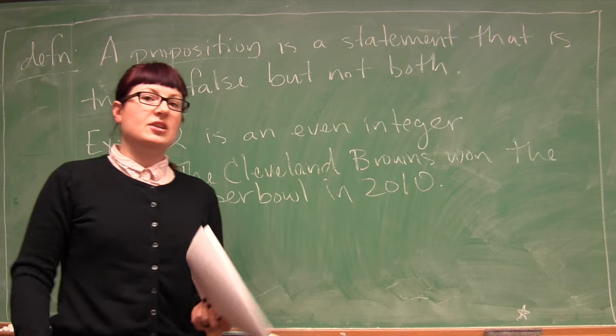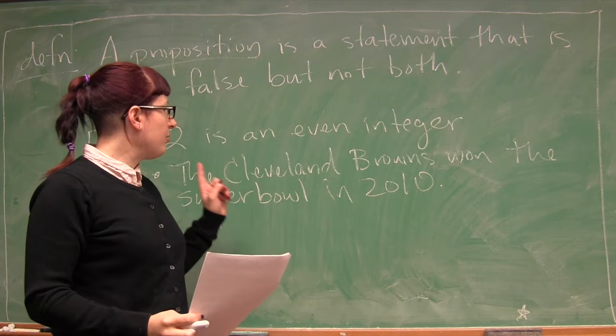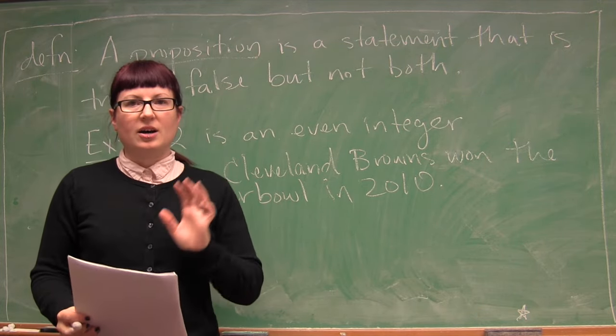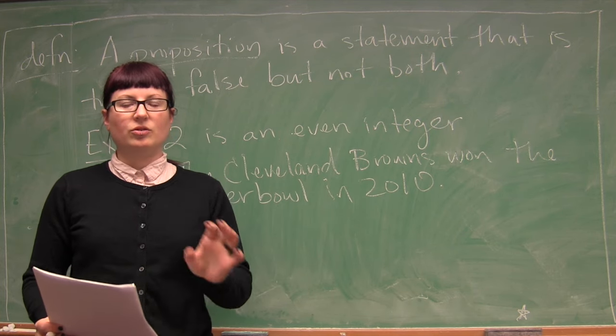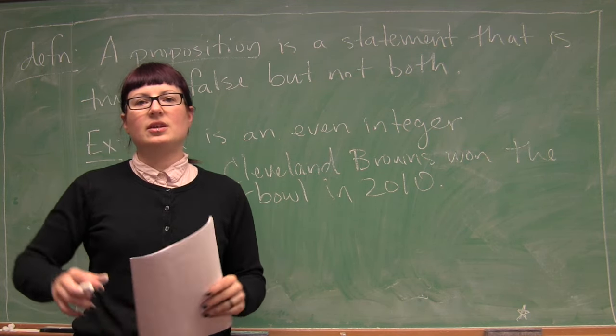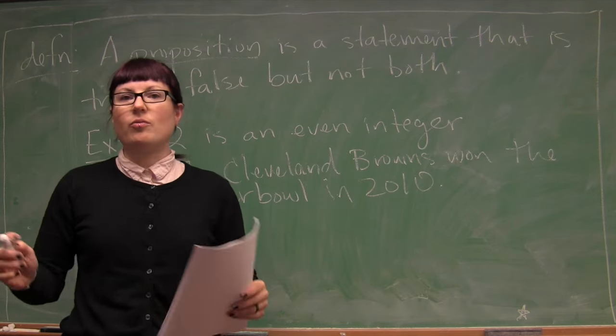Obviously, the Cleveland Browns did not win the Super Bowl in 2010, but it's still a proposition because it is false. A false statement, a true statement, those are both propositions as long as it's not neither or both.